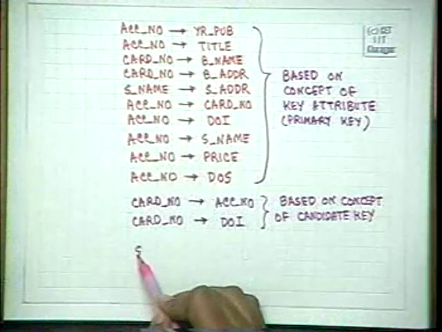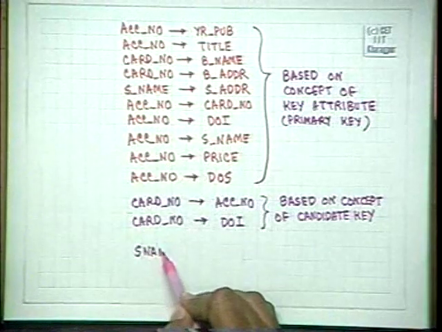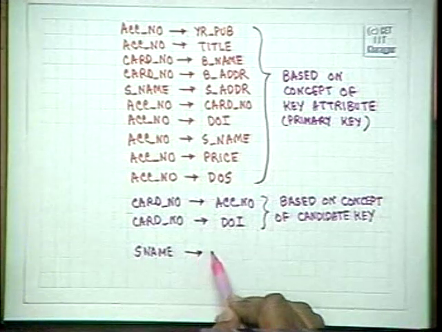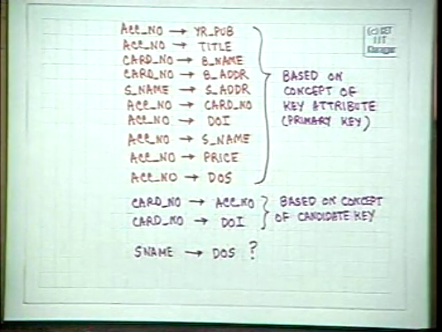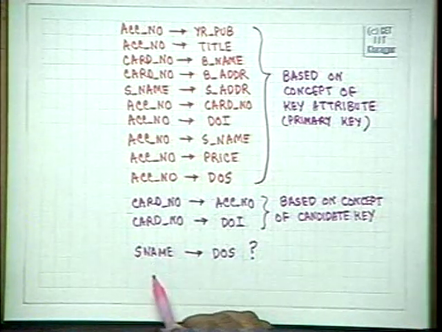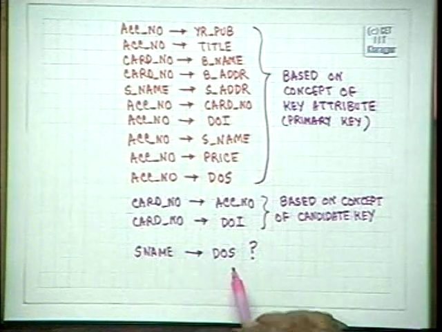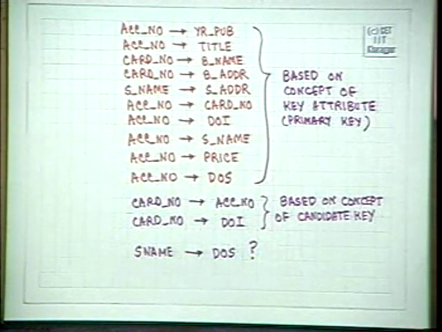Can we specify it like this? S name, this will mean that whenever S name is same, date of supply must be same. That is not the constraint.